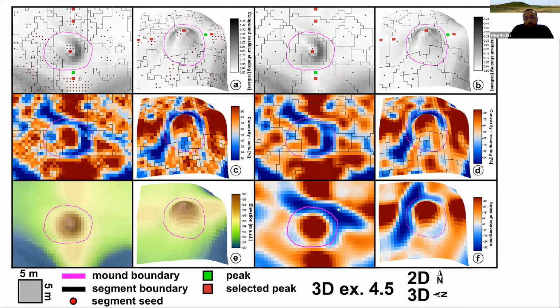We tested the index of convergence and also the convexity as measures for delineating the burial mound segments. Through manual inspection we have seen that local convexity is actually the best approach.